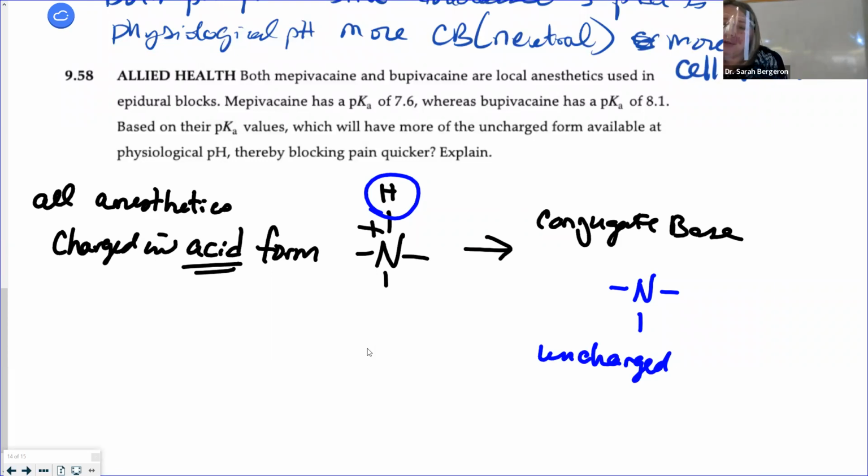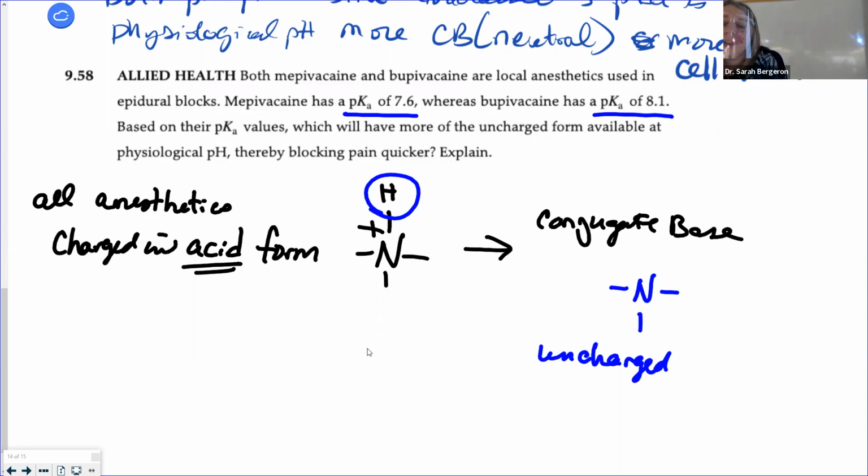So these two drugs that they're talking about here are used in epidural blocks, and they have different pKa's. We have one that has a pKa of 7.6, and we have another one with a pKa of 8.1. So the question is, when we're designing these drugs, what's a better pKa, right?